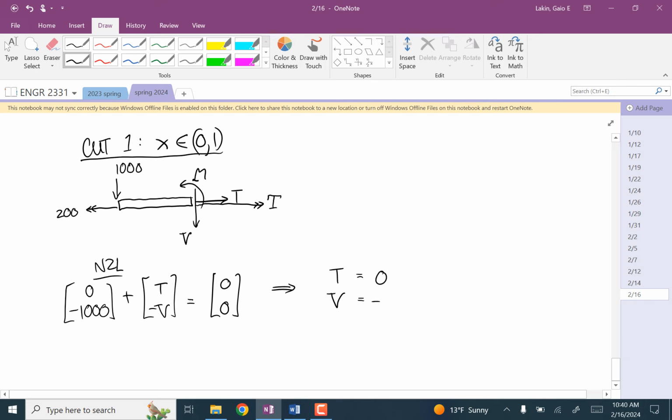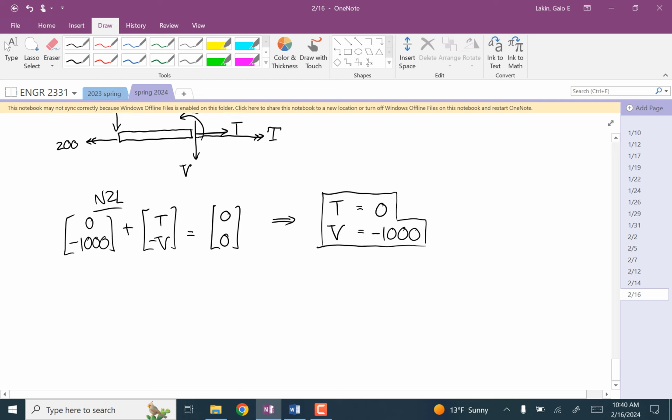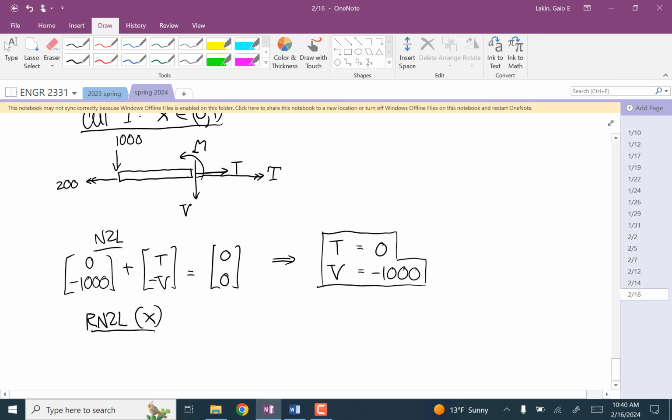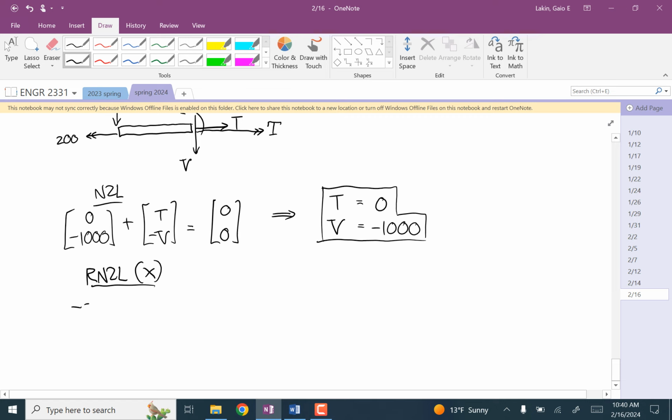And V is equal to negative 1,000. And then we'll go to the moment equation about the x-axis, the long axis. We have negative 200 plus the torque is equal to 0. So the torque is positive 200.